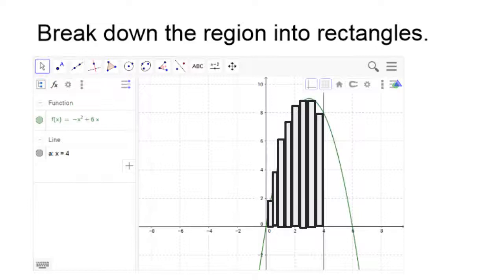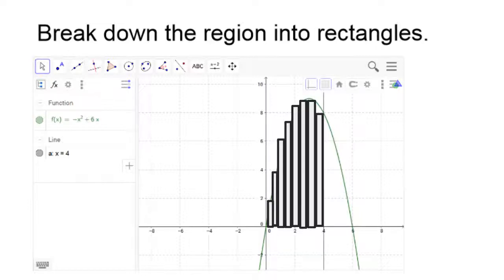How many rectangles would I need to make the area of the rectangles equal to that area under the curve? And if you remember the last lesson, we talked about summations.